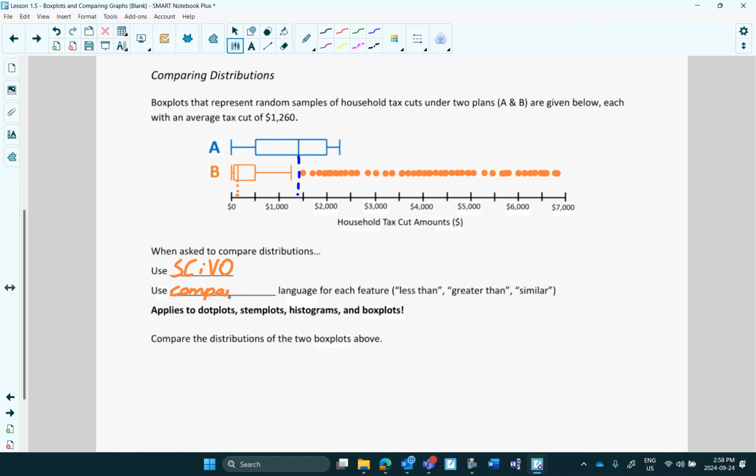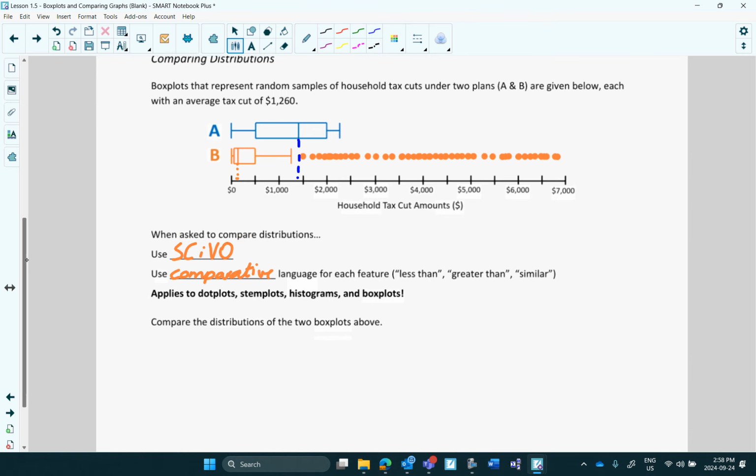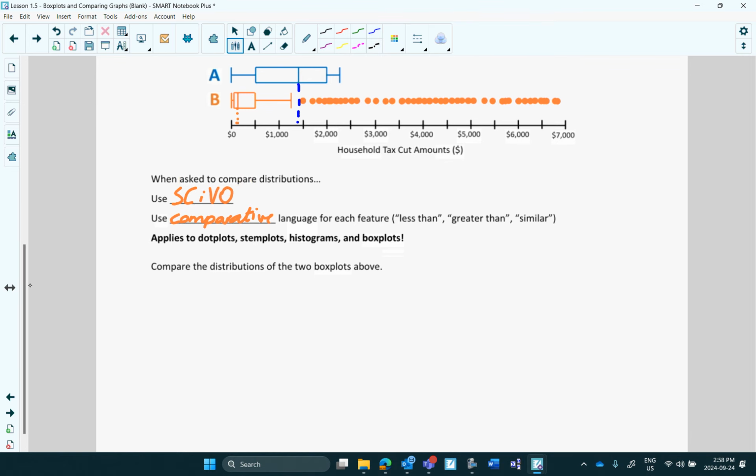And by comparative, I mean greater than, less than, same as. You can't really use comparative language when you compare shape. So if I want to compare the two box plots above, you can use column form if you like. I'm okay with that.